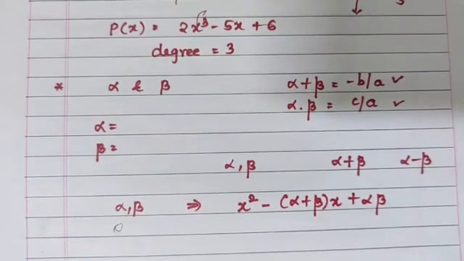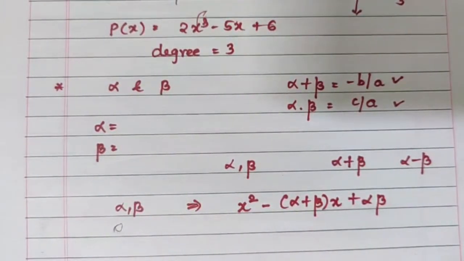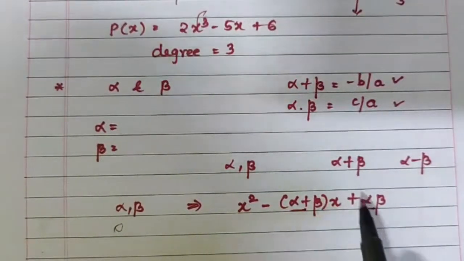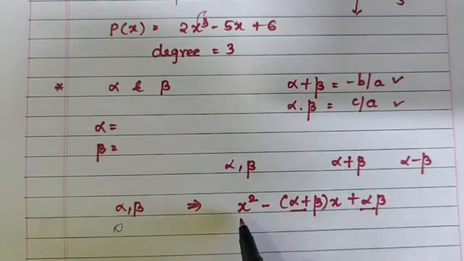Based on this, when they have given the zeros, in 1 mark they can ask you to find the quadratic polynomial. Just find the sum and product, substitute it, and you will get the quadratic polynomial.